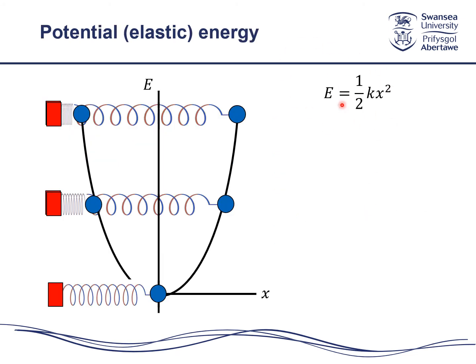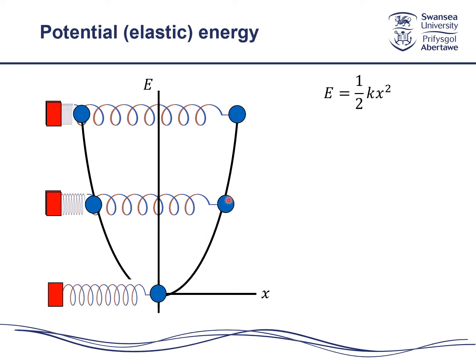We can also examine energy. So going back to springs and the forces and energy that can be stored within springs, energy is equal to half kx squared. Plotting energy versus displacement x, at the equilibrium position, the elastic energy is 0.